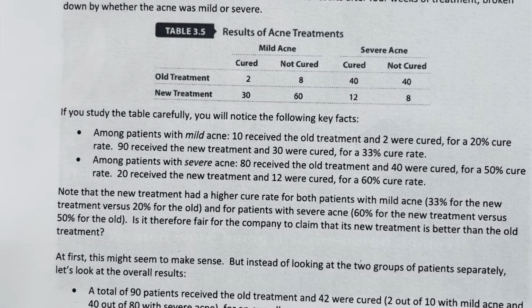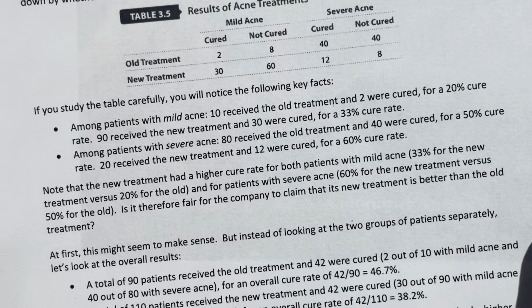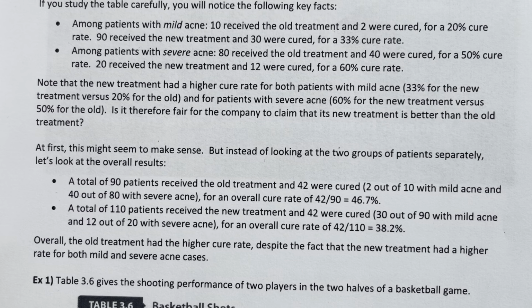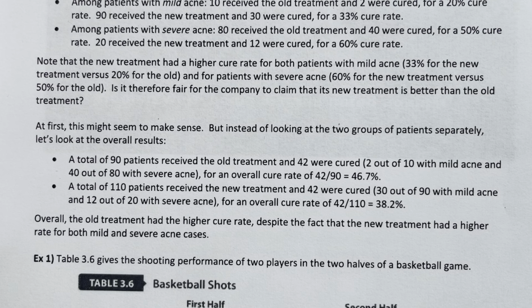if you look at the overall results, there are 90 patients who received the old treatment. 42 were cured: 2 out of 10 for mild and 40 out of 80 for severe. That is 46.7% cured. Out of the 110 people that received the new treatment, 42 were also cured: 30 out of 90 for mild, 12 out of 20 for severe.